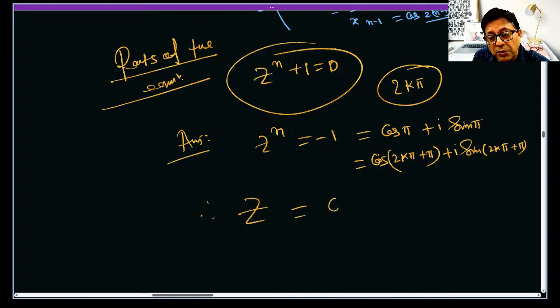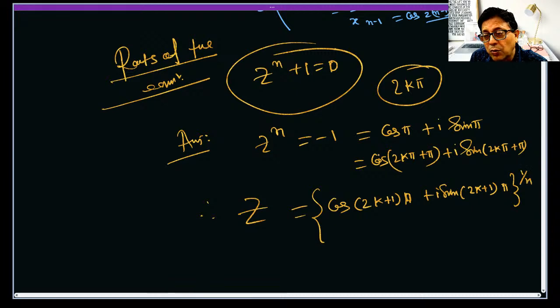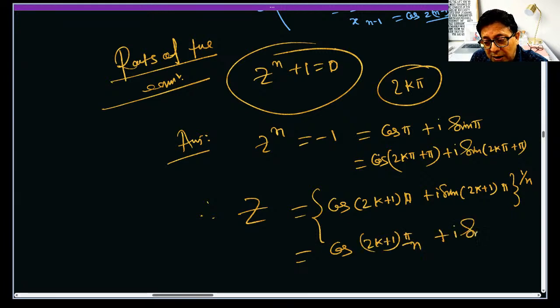So z is going to be what? (cos (2k plus 1) pi plus i sin (2k plus 1) pi) whole thing to the power 1 by n. So this is nothing but cos (2k plus 1) pi by n plus i sin (2k plus 1) pi by n.